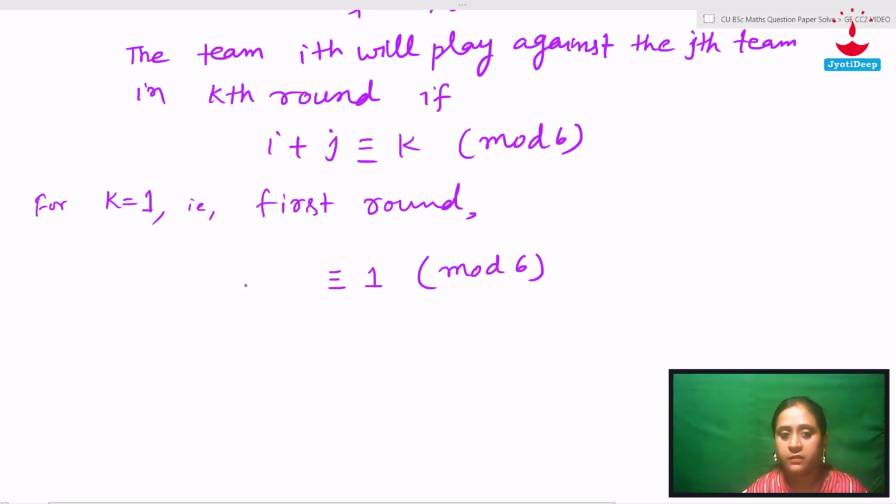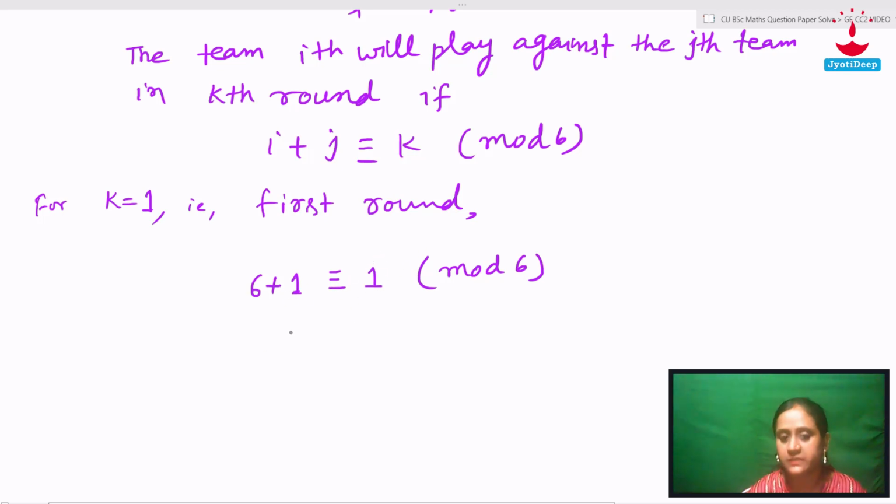Okay, so we can take, suppose, 6 plus 1, 7. Under mod 6 it will give a remainder 1, meaning the first team will play in the first round.